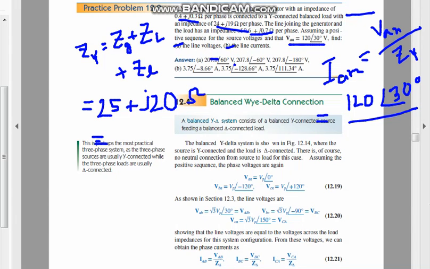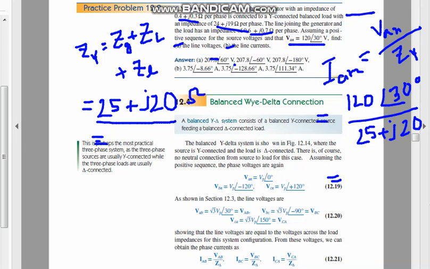Coming back to the point, after calculation we will get the phasor form of this. We have to divide by 25 plus j20. You can convert it to phasor form and then calculate, and you will find the line current.